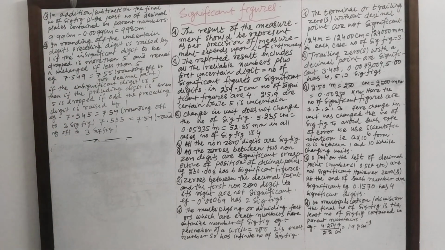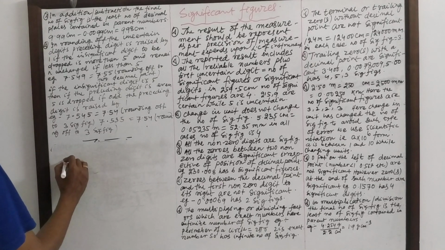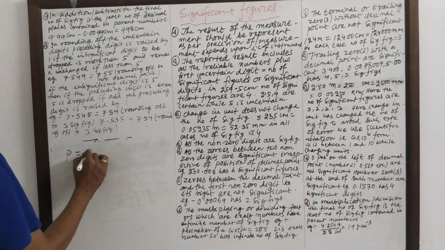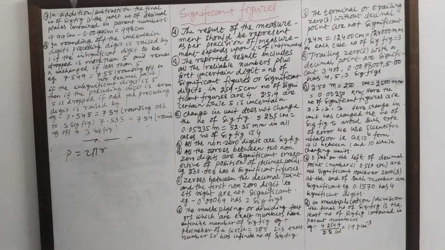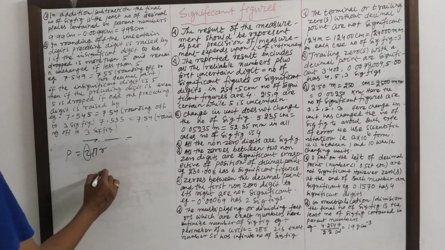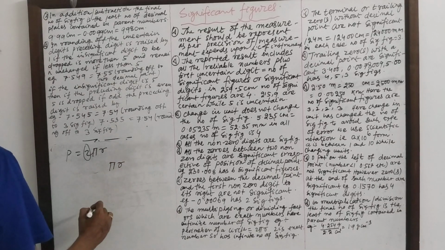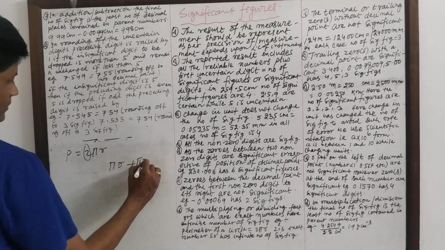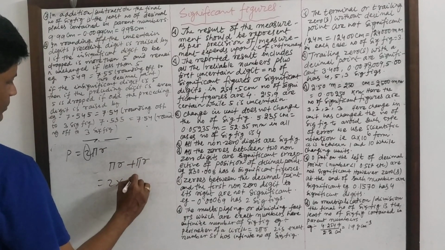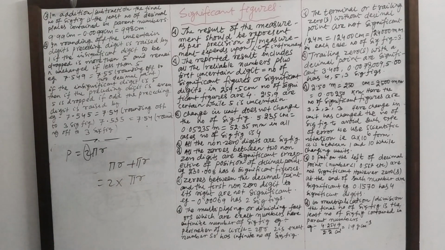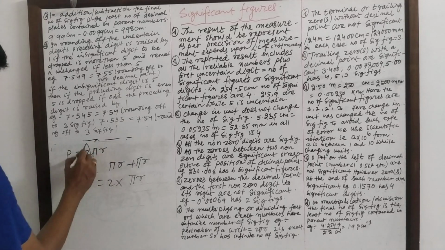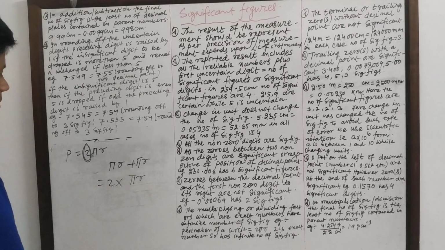That is, the perimeter of a circle. The perimeter P is equal to 2 pi r. Here 2 is a fixed exact number, 2 into pi r. So 2 is here a fixed exact number.